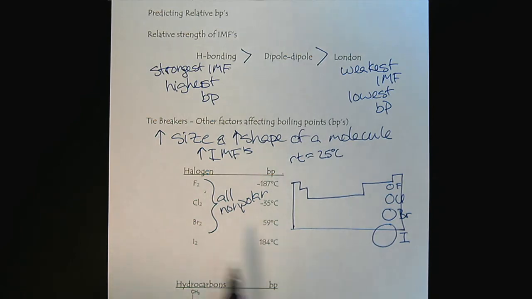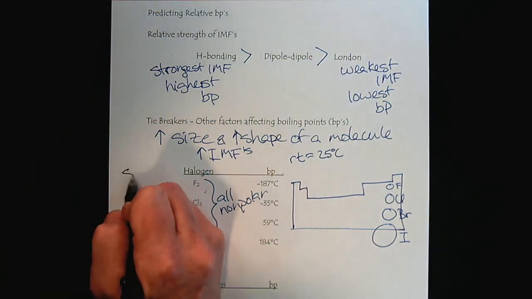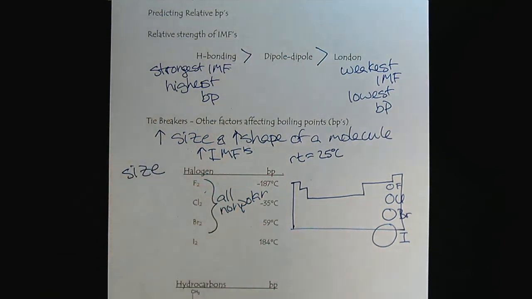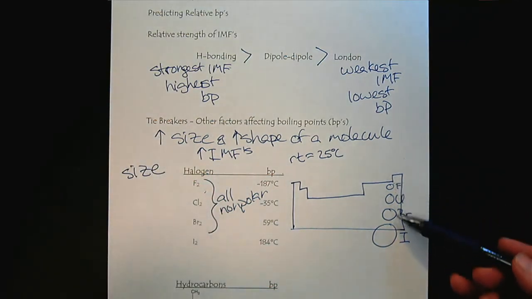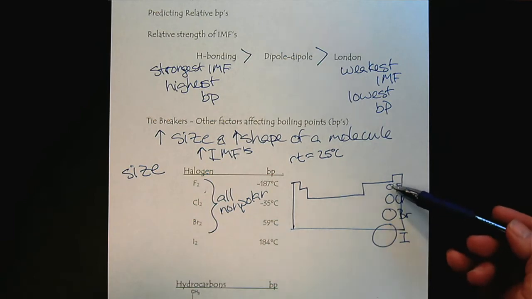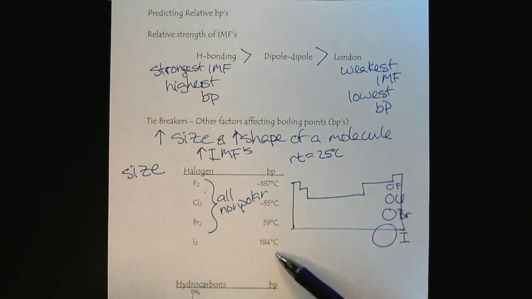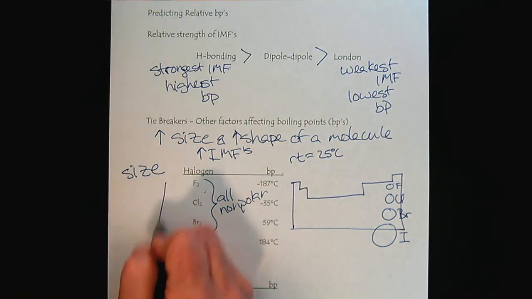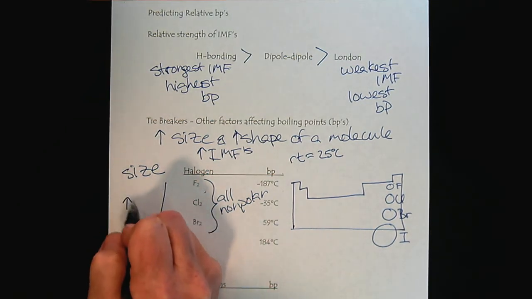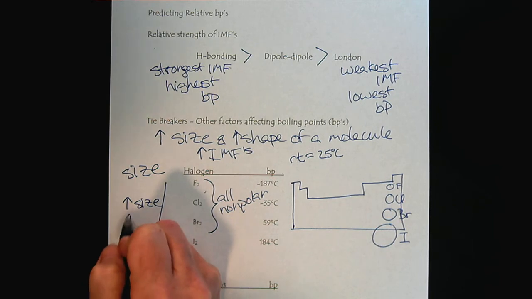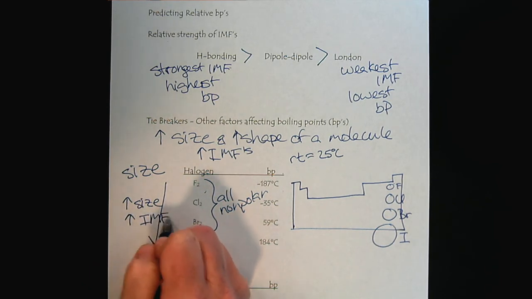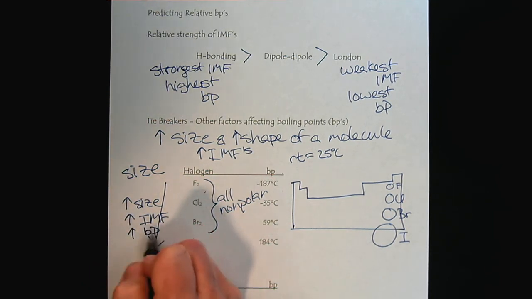So here we have an example of size. So as the size increases, the intermolecular forces increase, creating higher boiling points. So as we go down, we're increasing size, which increases the IMF, which increases the boiling point.